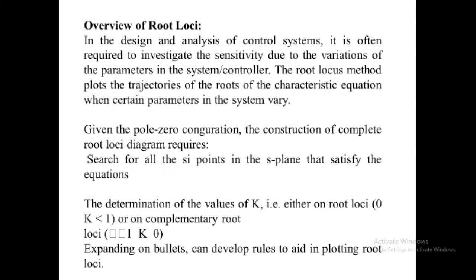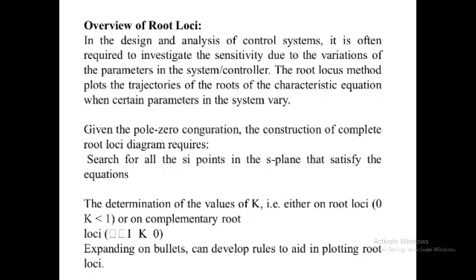It is applicable for single loop as well as multiple loop systems. To understand the concept underlying the root locus technique, consider the second order system as discussed in the previous lecture.